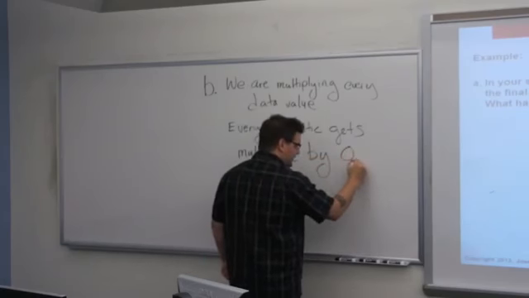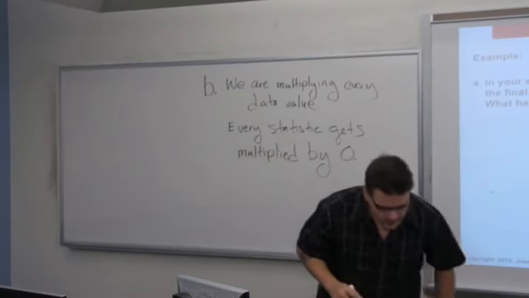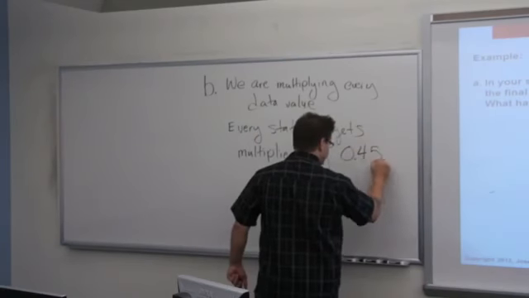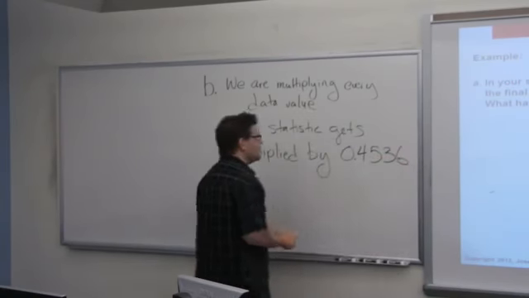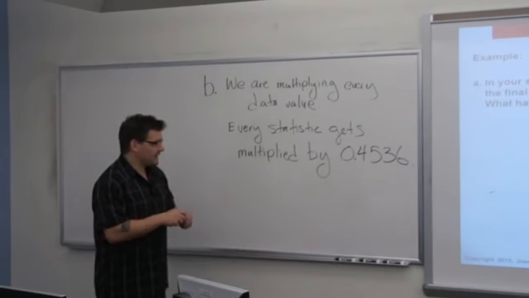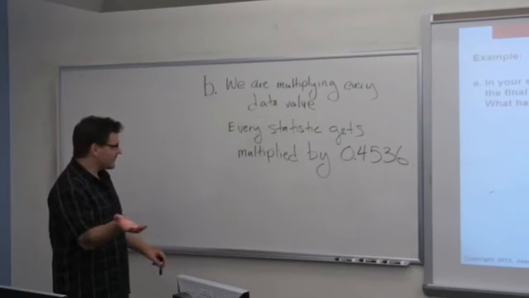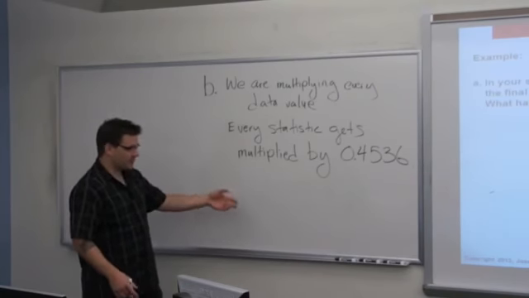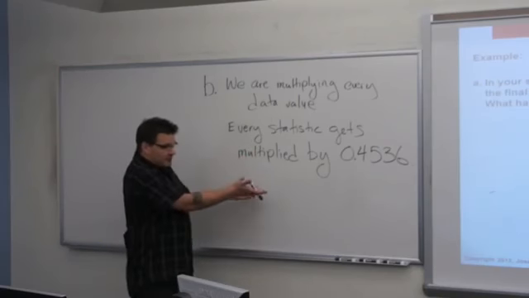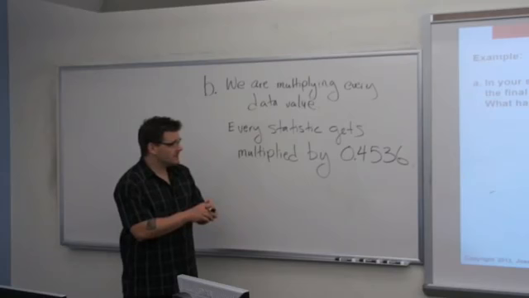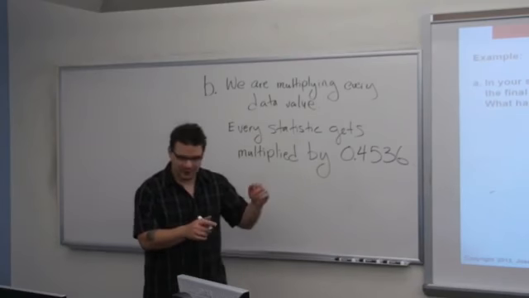And it's that same number, 0.4536. So whatever the mean was, we'll multiply the mean by 0.4536, and that will convert the mean into kilograms. Same thing for the minimum, standard deviation, range, IQR, Q3, 73rd percentile. Everything would get multiplied. All right, so back to the main board here.